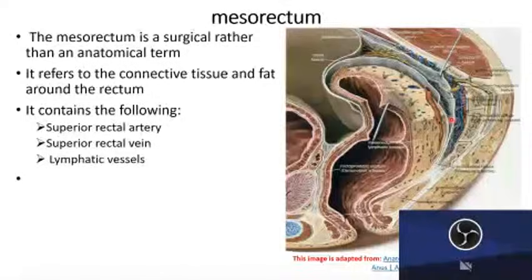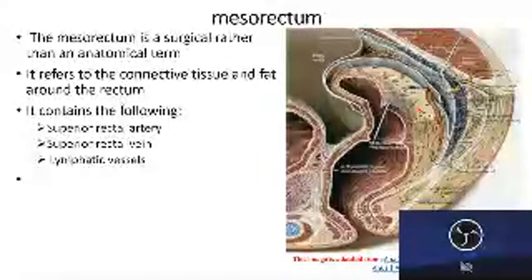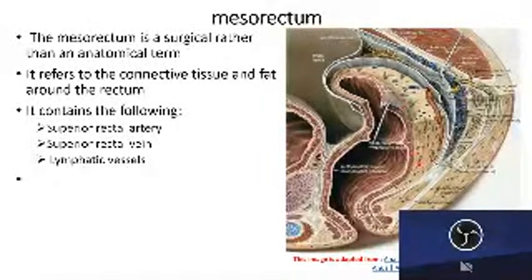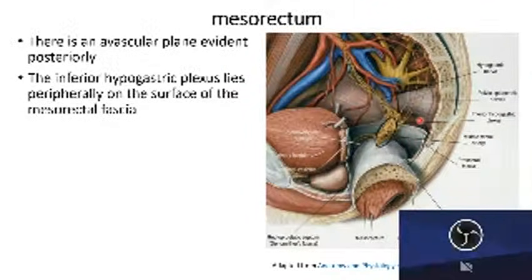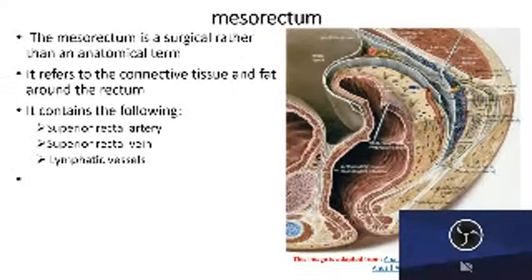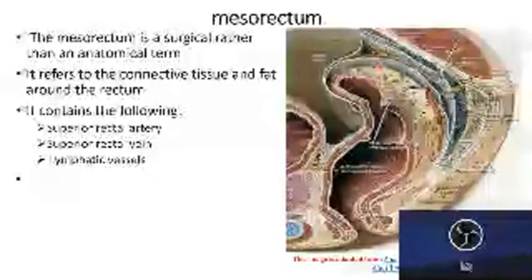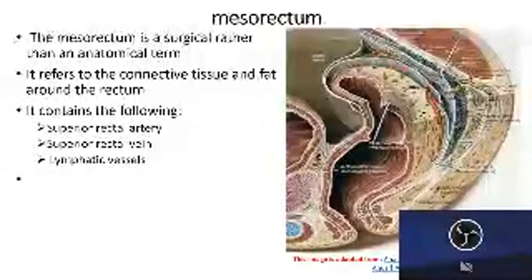Looking at this, you could appreciate the fact that it is a vascular plane, because we will also look at another plane called the avascular plane that lies behind the mesorectal fascia, the connective tissue fascia that forms the mesorectum.